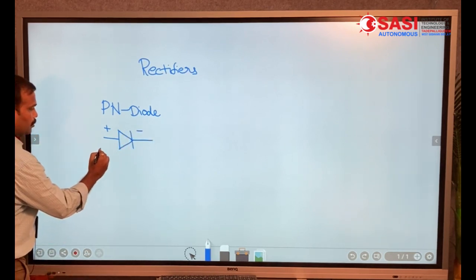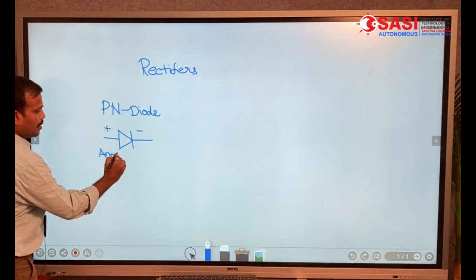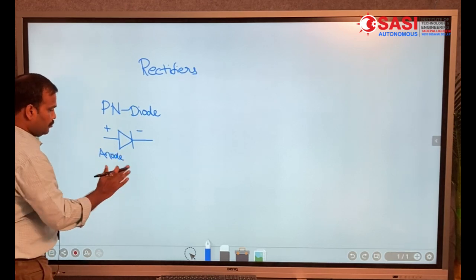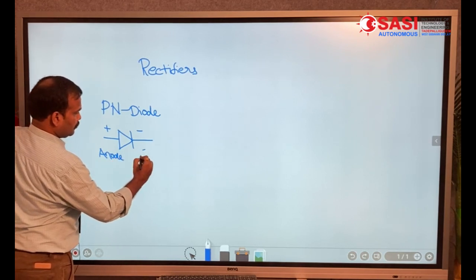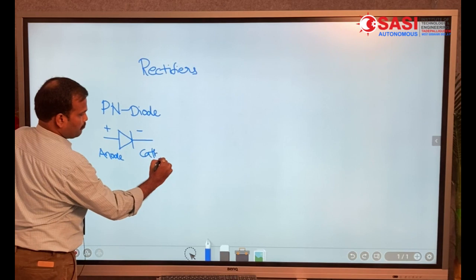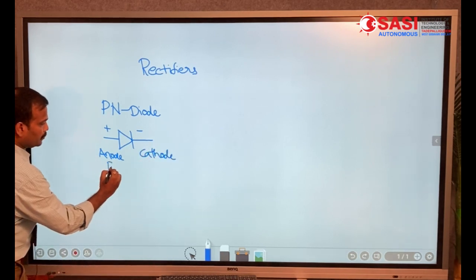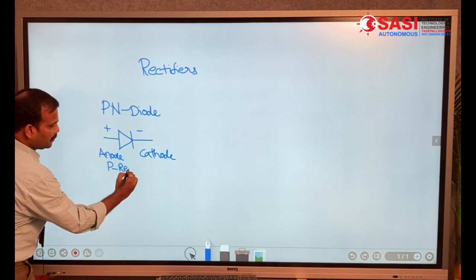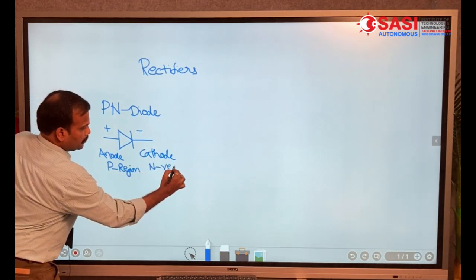Otherwise, we can call them anode and cathode. In detail, this represents the P region and the N region.